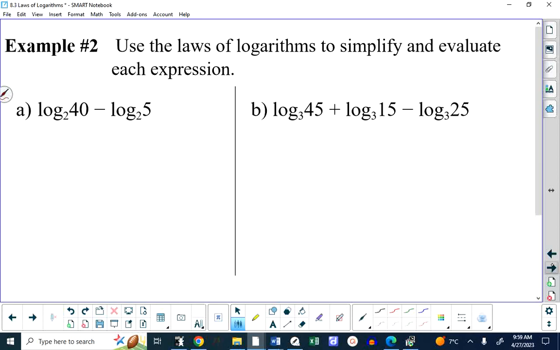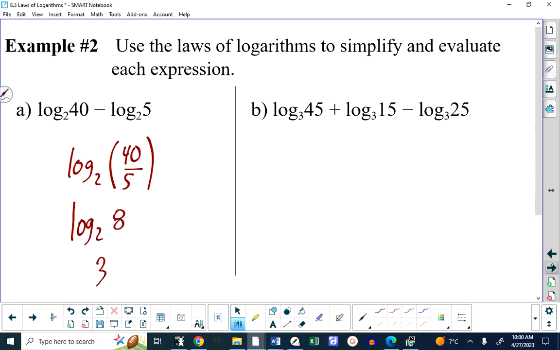That's equal to 3. Because log base 2 of 40 minus log base 2 of 5 is log base 2 of 40 over 5, which is 8. This is log base 2 of 8. And everybody should know that log base 2 of 8 is the exponent to which you raise 2 to get 8.